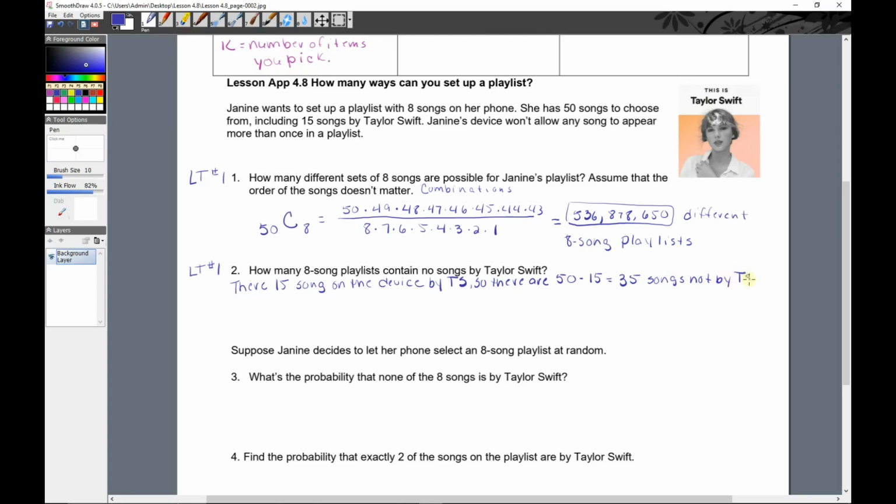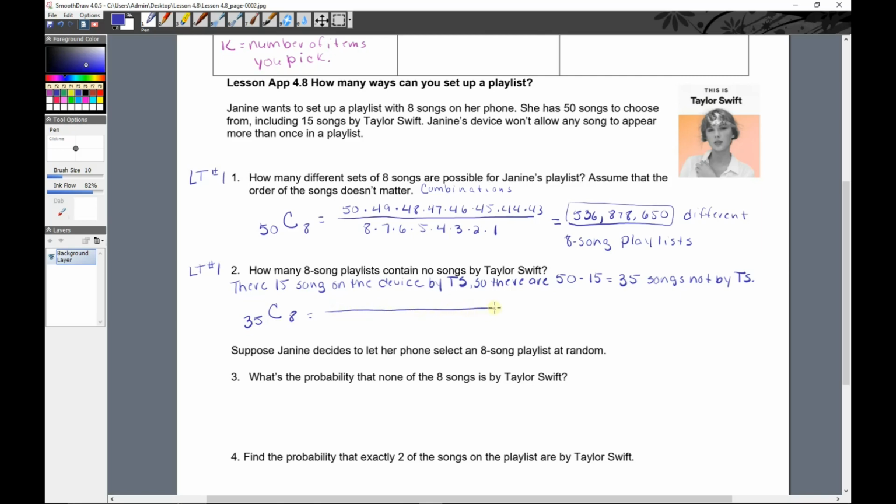And again, TS. All right, so this in a way shrinks down the available pool of songs. It's not really that complicated. We're just going to go from 50, where we started up here, down to 35. So this will be a combination of 35 things taken 8 at a time instead of 50 things taken 8 at a time. So it's very, very similar, just that n changed from 50 to 35.